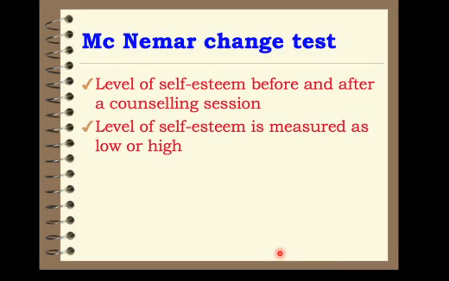Suppose you want to look into the level of self-esteem before and after a counseling session. So you get the level of self-esteem before a counseling session, measured as either high or low, that's nominal, and then you do a counseling session, and then you get again the level of self-esteem after that counseling session. You are talking of the same set of participants, and so the statistical test is a McNemar's test.